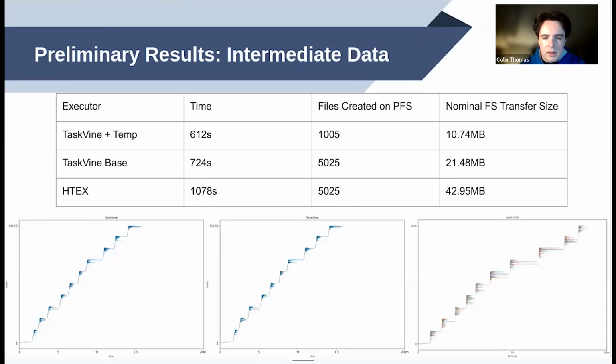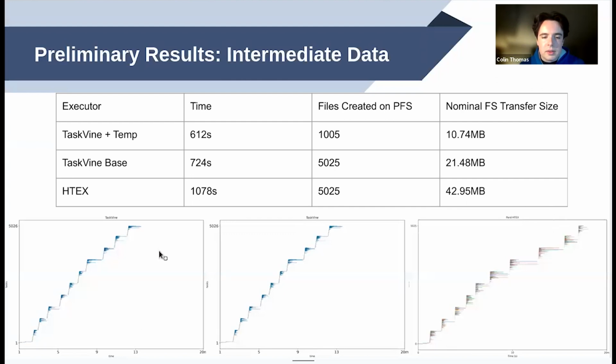And the TaskVine base, so this is not using the temporary files, just the TaskVine executor with Parsl, had a marginally slower time. And like I said, this isn't an exceptional scale here, so it's pretty reasonable that it showed only a marginal improvement. And then the high throughput executor, so this is without TaskVine, ended up being the longest execution time.